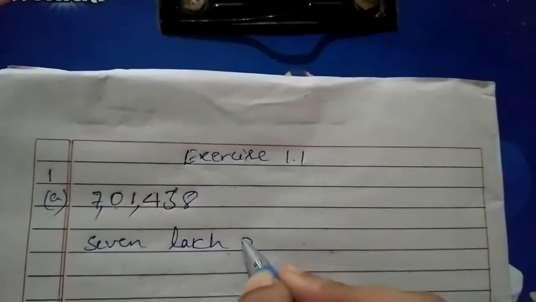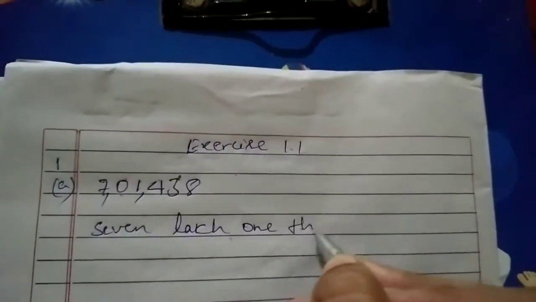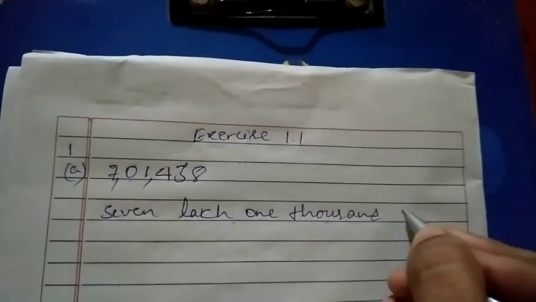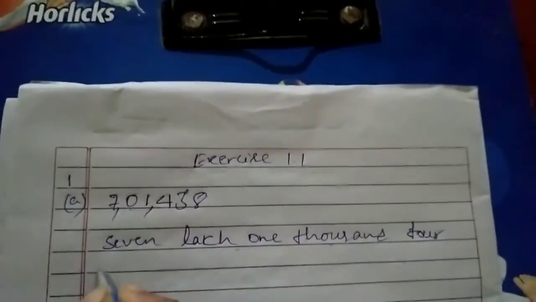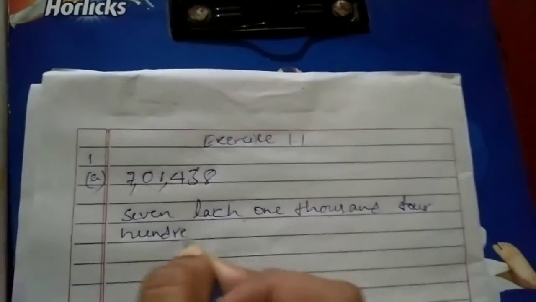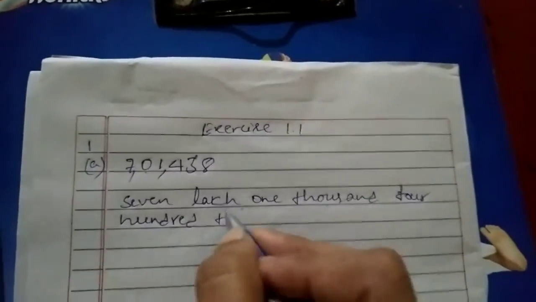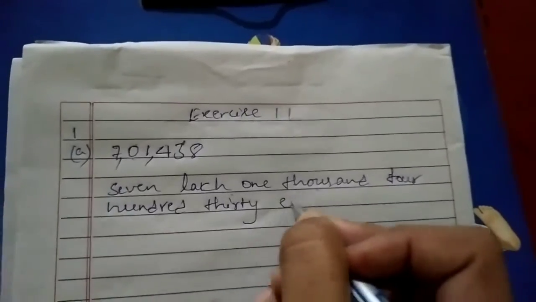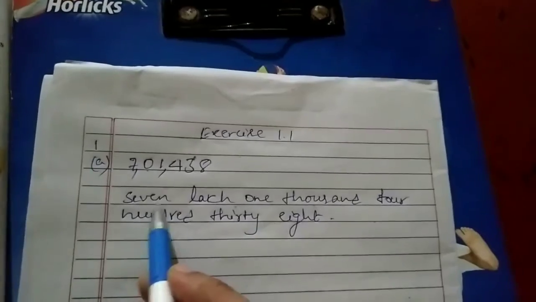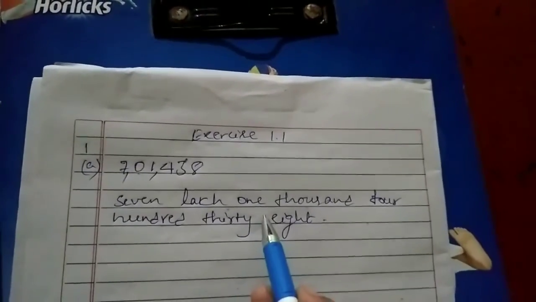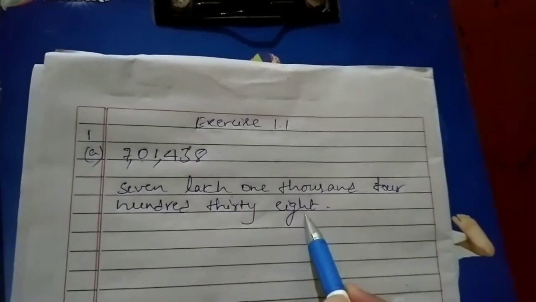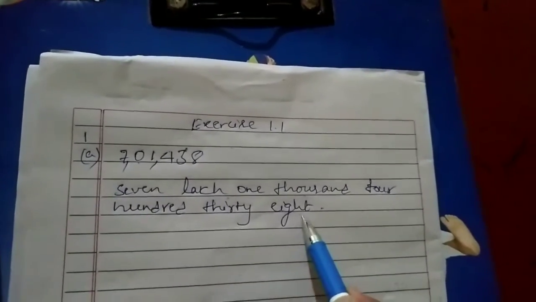So 7 lakh, 1,000, 400, 38. 7 lakh, 1,438. Did you understand what we have to write?